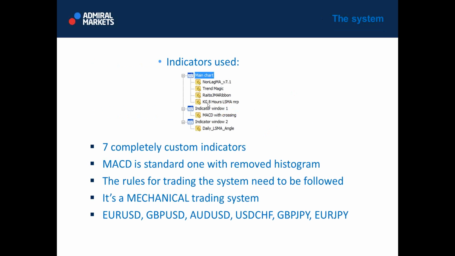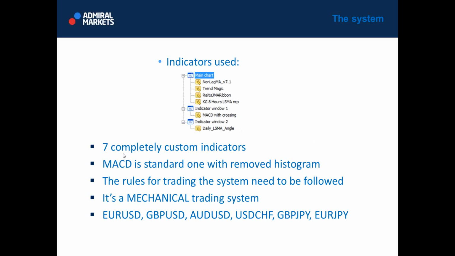This system uses this set of indicators. Even MACD is customized. The system uses non-lag MA 7.1 version, Trend Magic Indicator, GMA ribbon, KG 8 hours LSMA non-repaint, where RP means non-repaint, MACD with crossing, and daily LSMA angle.